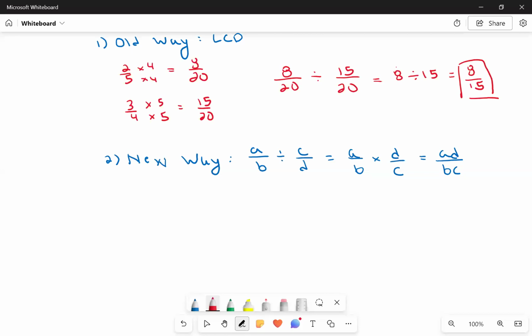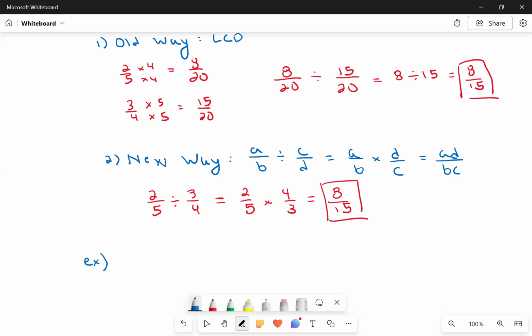So approaching it that way instead, 2/5 divided by 3/4 is going to be 2/5 times 4/3, multiplying straight across, 8/15. Oh, so easy. So there you go. New way is the superior way in terms of time, and math people love saving time.